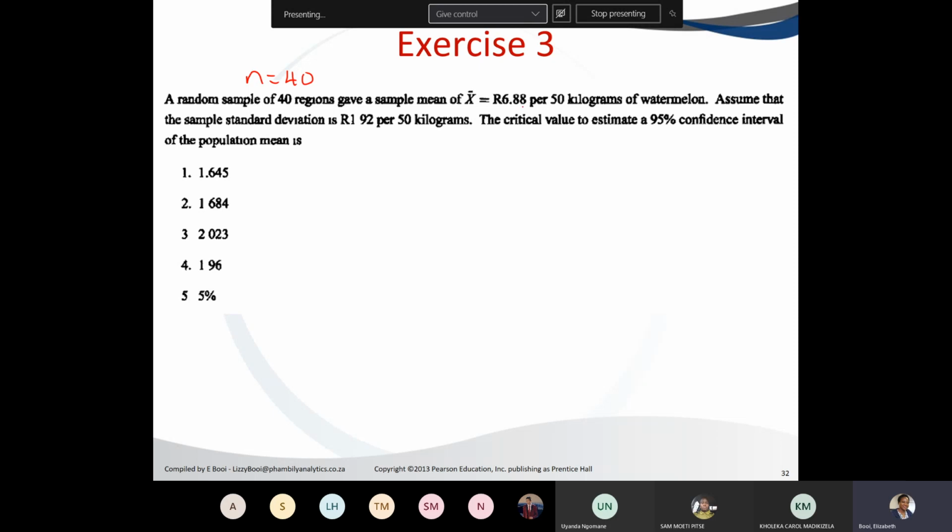So our mean is 6.88. Assume a sample standard deviation. They tell us that our sample standard deviation is 1.92.